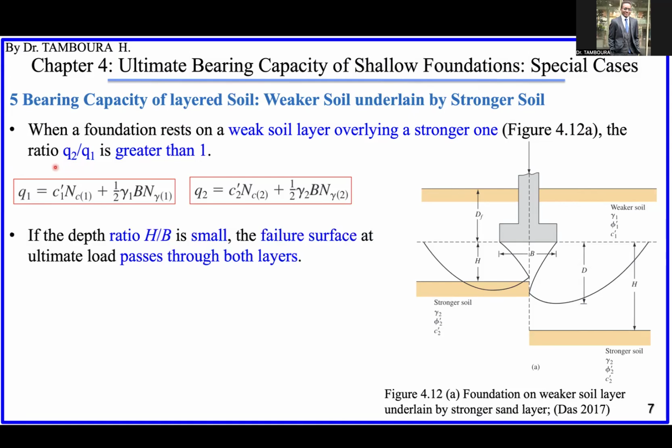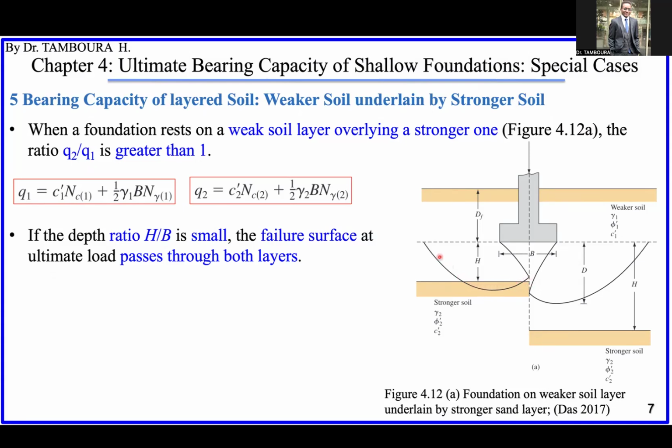Okay, so as already explained, consider the depth ratio H over B. You already know what H is. In this case it is small h, in this case it is larger h. If this ratio is small, then you will have this situation: the failure surface at ultimate load will pass through both layers.